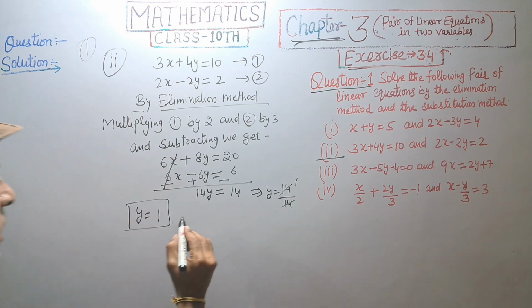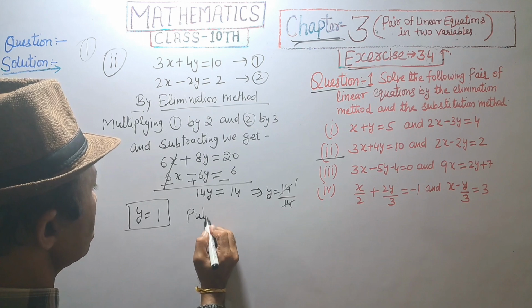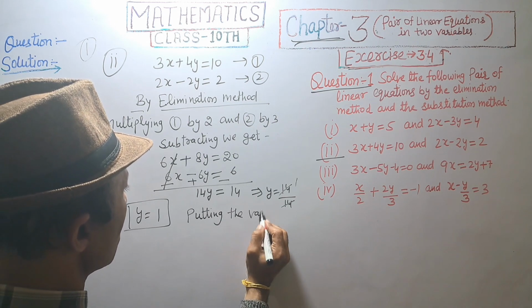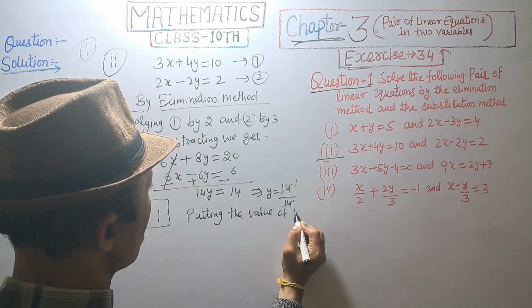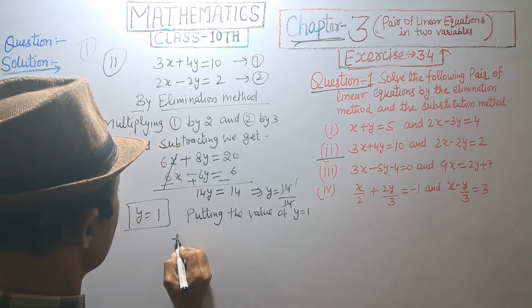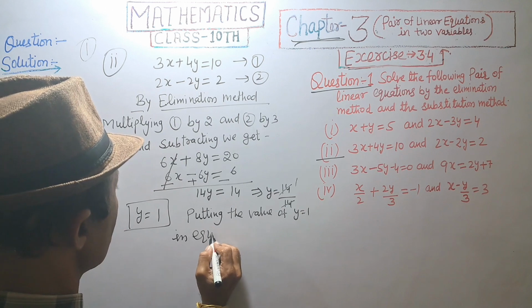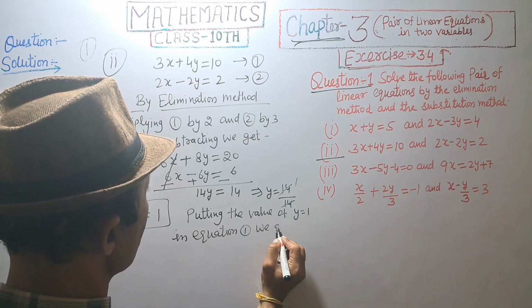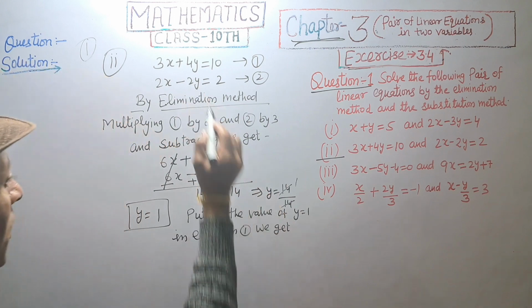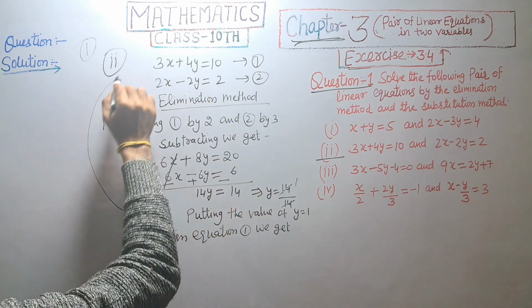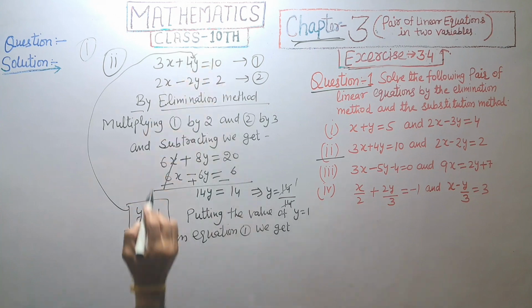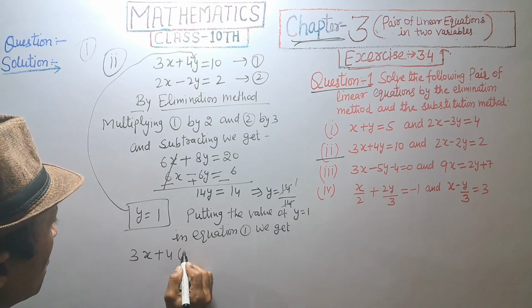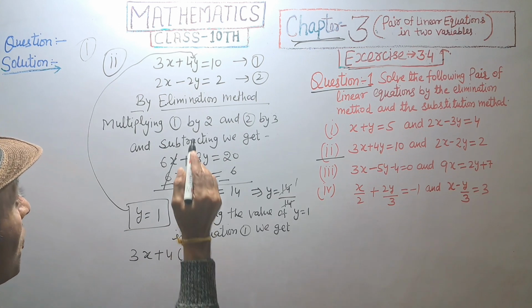1. Putting the value of y is equal to 1 in equation first, we get 3x plus 4 into 1 is equal to 10.